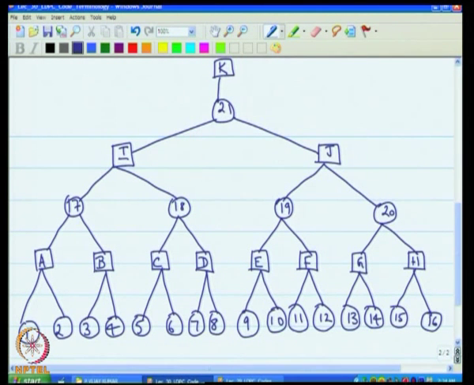Okay, so I'm going to give this graph a name and we'll call it the computational tree.